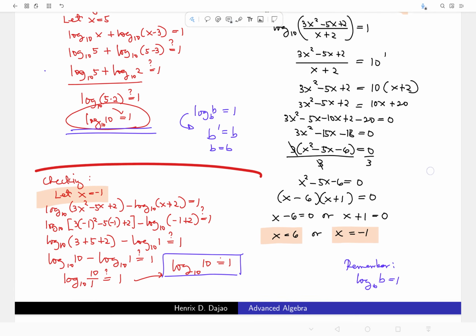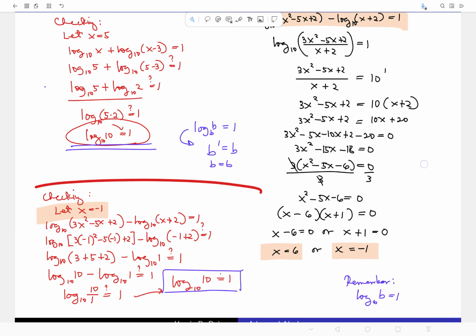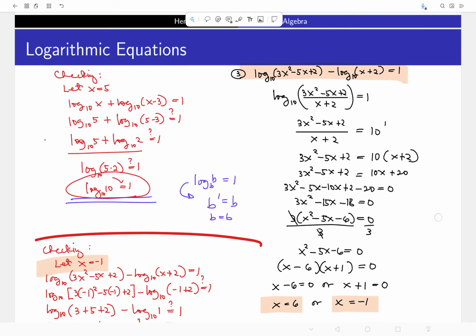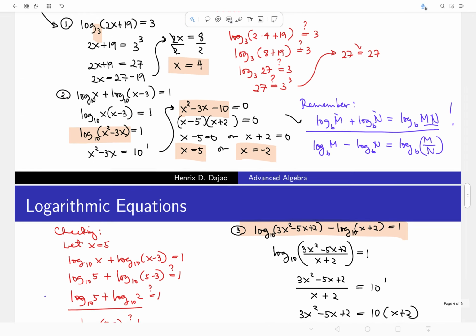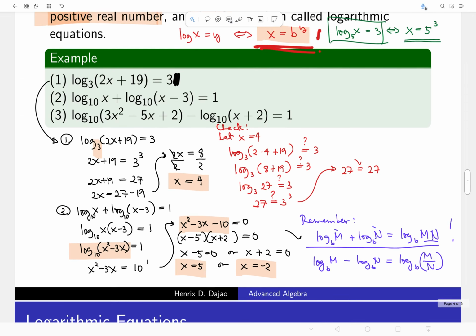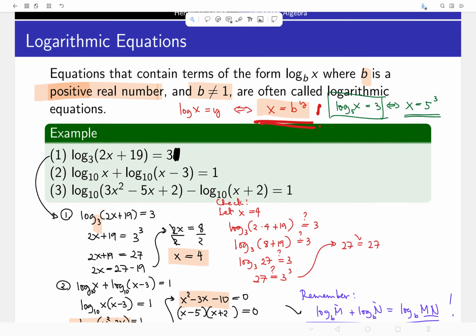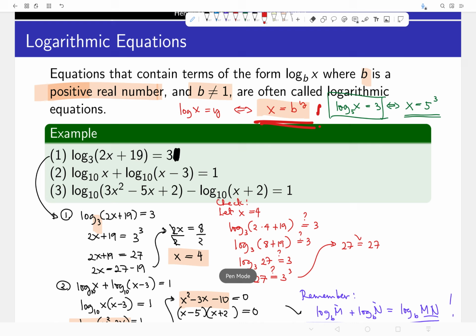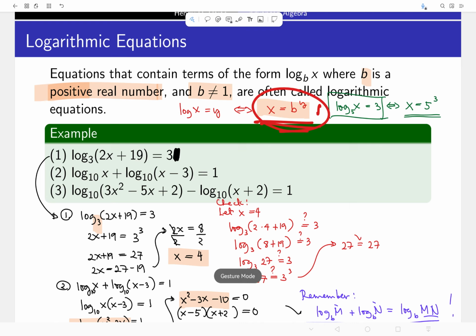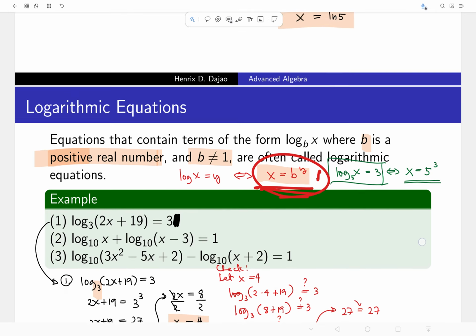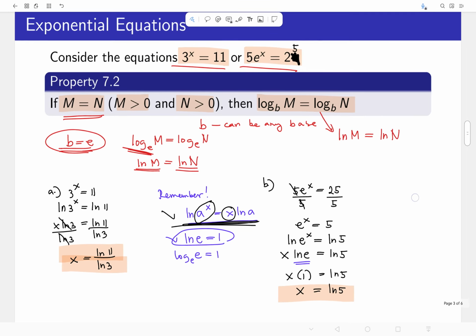Okay, so I hope you've learned something about how to solve equations. You're just going to apply the properties of logarithm and apply some definitions like this, very important in the solutions for equations involving logarithms.